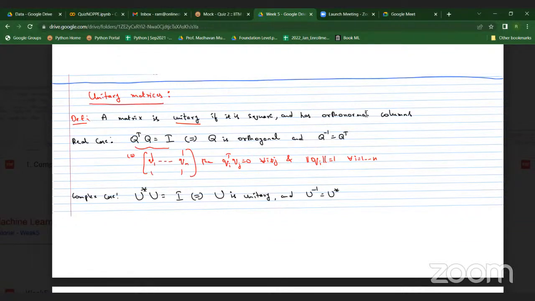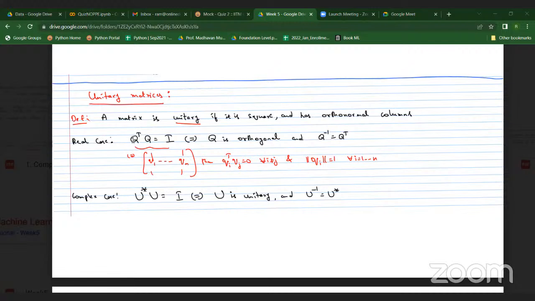Yeah, it has orthonormal columns. We'll discuss that in a bit, what we mean by orthonormal columns. We can even do the proof for it, that's just one line.